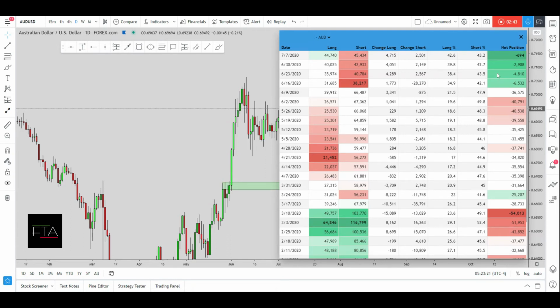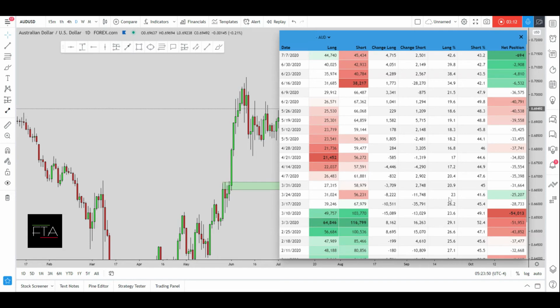What we can see is that clearly we went from a situation where we had way more shorts than longs from an institutional perspective on AUD/USD, with minus 54K net positions, with 103K shorts and 49K longs, to a situation where we have more or less the same amount of longs and shorts, with minus 694 in net positions, so 44K longs and 45K shorts.